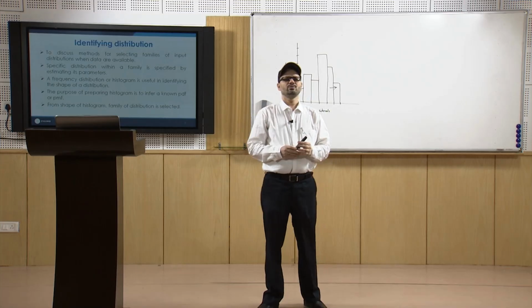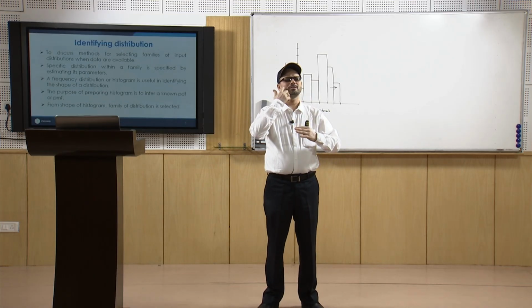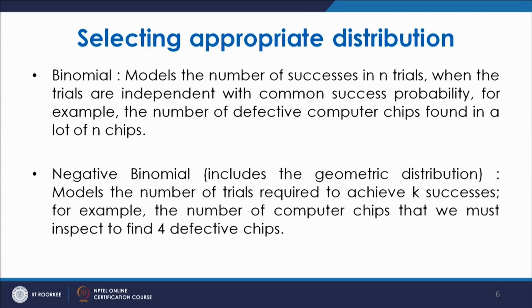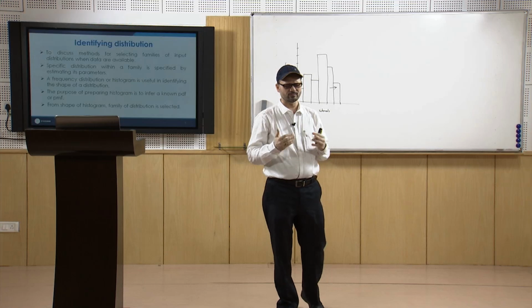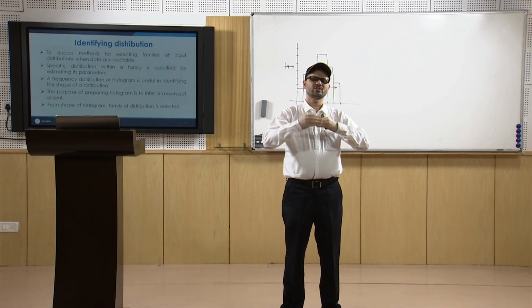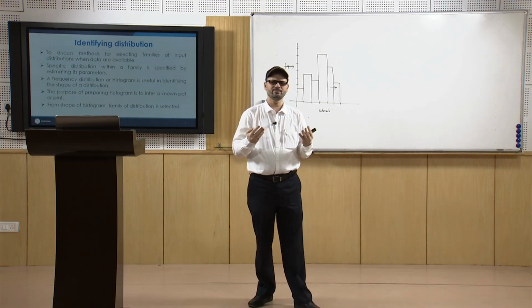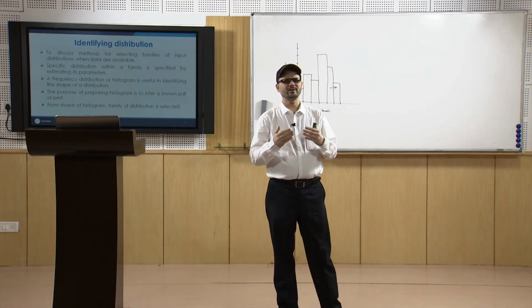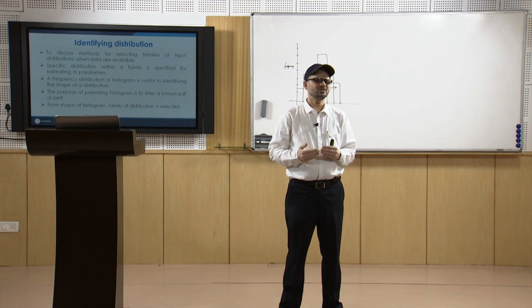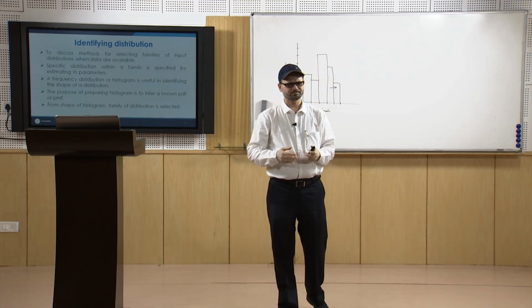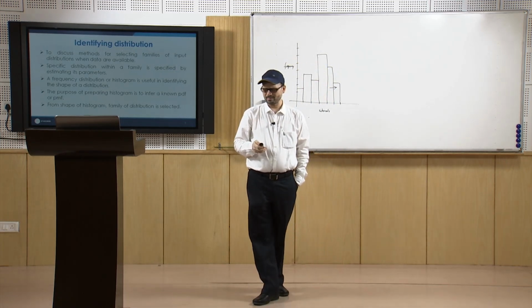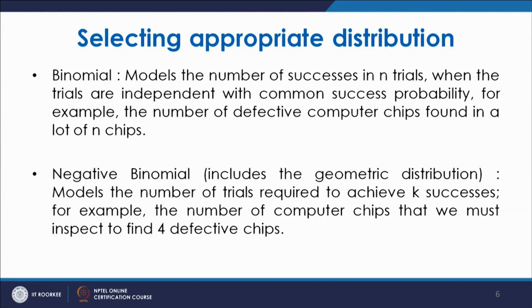After that, we have to see how to select the appropriate kind of distribution. We have studied different kinds of distribution functions, and here we will have the knowledge of what kind of events a distribution function is normally used for. Like the binomial distribution, which we have seen helps in modeling the number of successes in n trials.